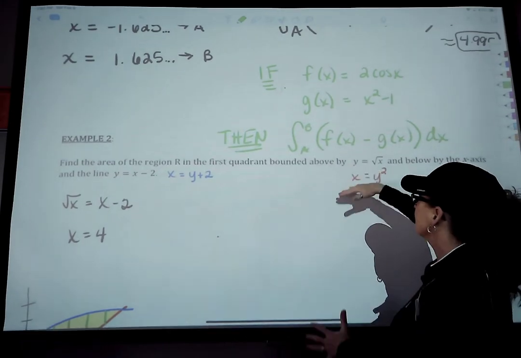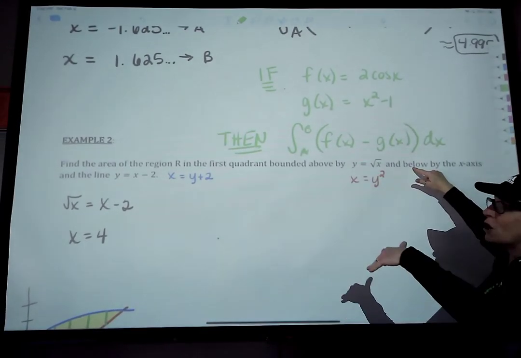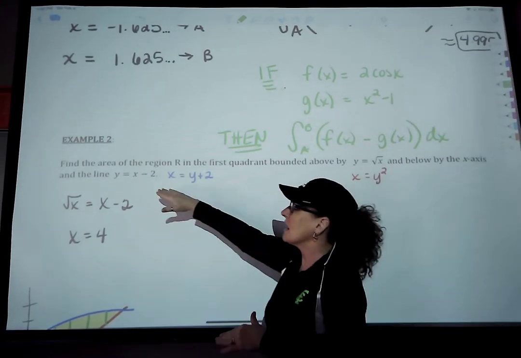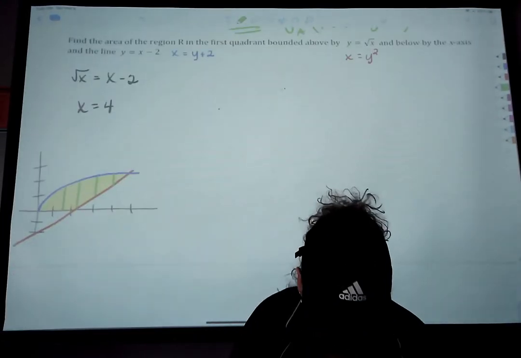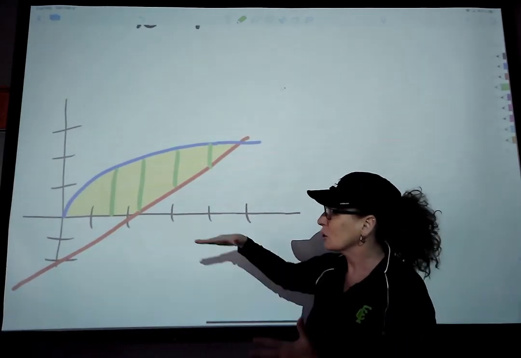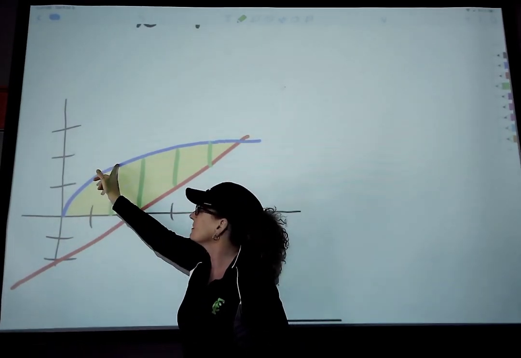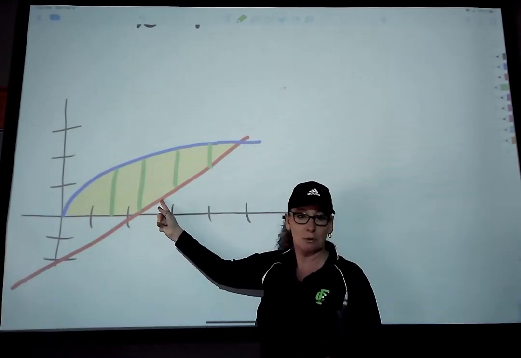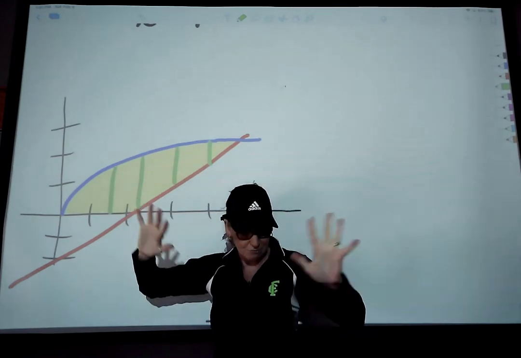This is the fence above. Below, one of your fences is the x-axis, and the other fence is this line, right? So I did not color beyond the x-axis. Fence number 1 that it mentioned, fence number 2, and fence number 3. That's why I only colored this.